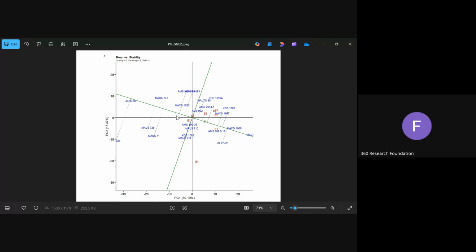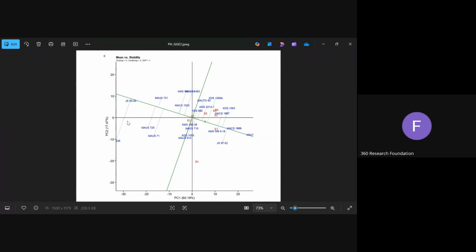Similarly in this case, see JS335. All these genotypes are on the opposite end. Whatever genotypes are on the opposite end of the arrow end axis show low mean performance.